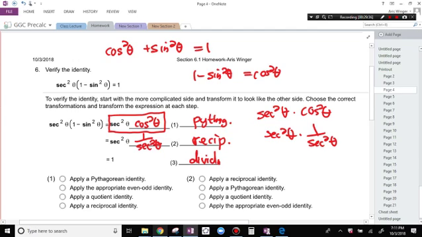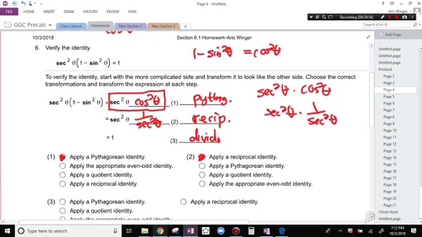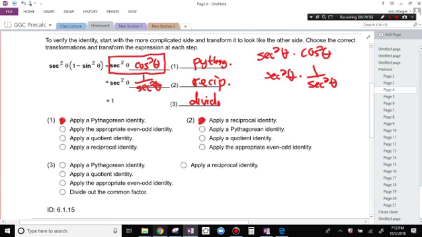Because if cosine is 1 over secant, cosine squared is 1 over secant squared. Just using the rules. Let's fill these in. Pythagorean, reciprocal, and it looks like we just divided out the common factor. Questions there?